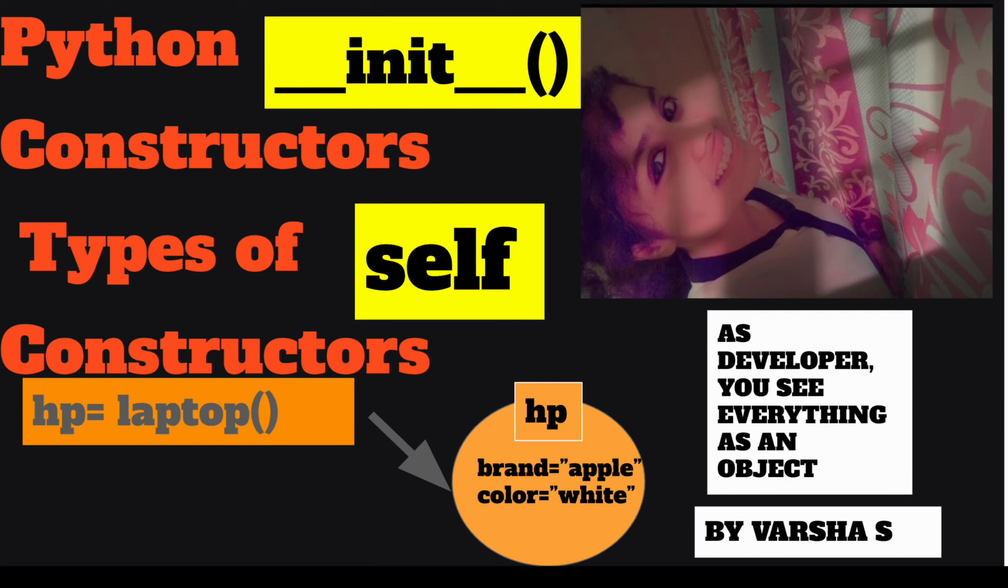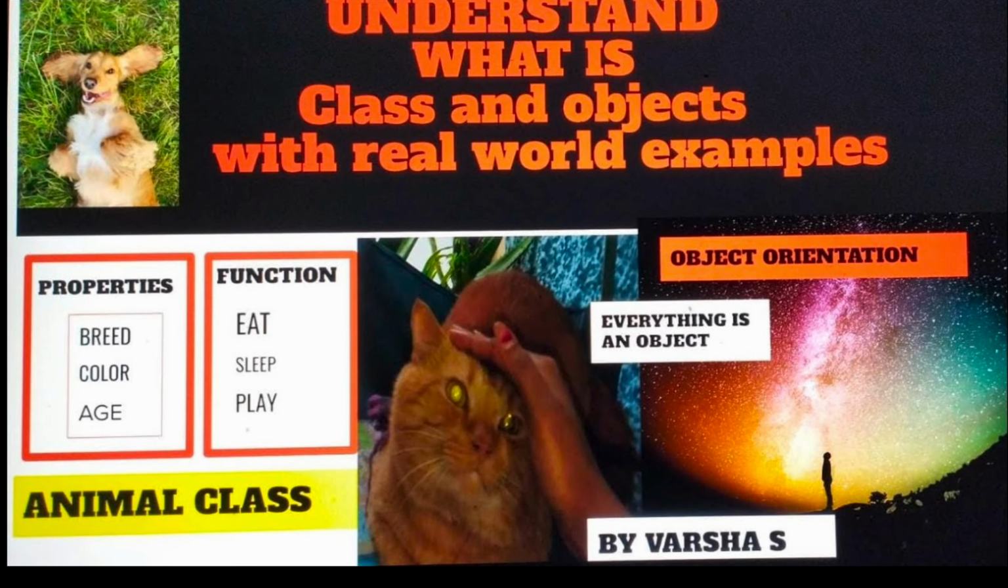In this video, I will be speaking about types of constructors. Before watching today's class video, if you have not watched my previous videos, please watch them. This was the first video where I made on object and class concept. I have explained the class and object concept with a lot of real world examples.